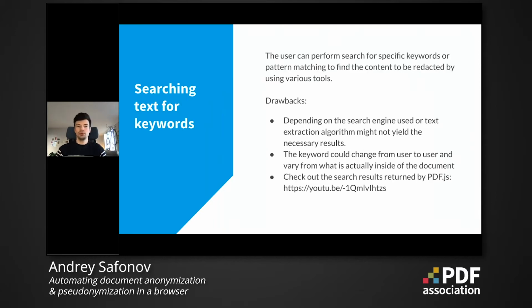Now, to improve that process and help the user, the user can start performing a search for specific keywords or pattern matching to find the content to be redacted. Now, depending on the search engine used to search through the PDF, or the text algorithm that powers that search capability, it might not actually yield the correct result.